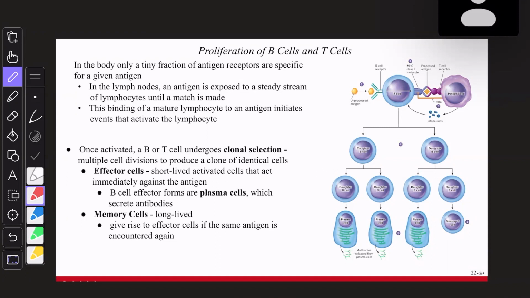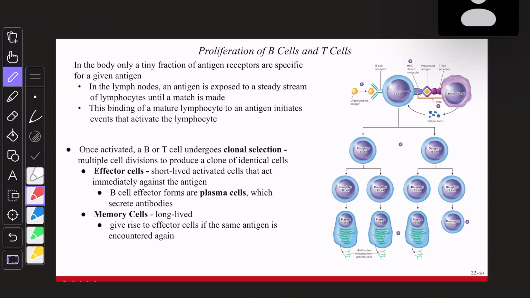So they want to make clones after they've been exposed to a pathogen. They want to clone themselves after they've figured out what they need to do to defend against that pathogen. Okay? So once they get activated, once either the B cell has detected a pathogen or the T cell has been presented to the pathogen and identified it, then they will undergo clonal selection.